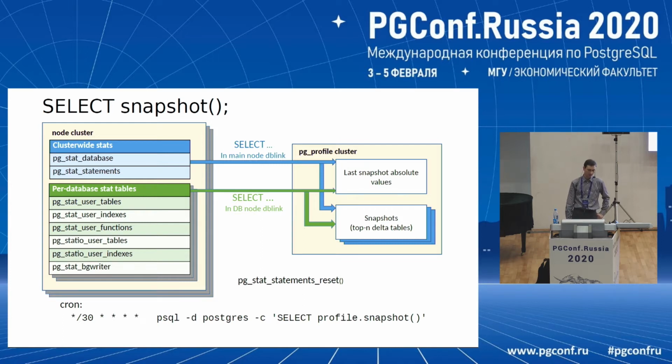And then it performs a PGStat statements reset, which is an important thing, because PGStat statements is great, but with one exception. It can push out the queries which are too old and which no longer fit.